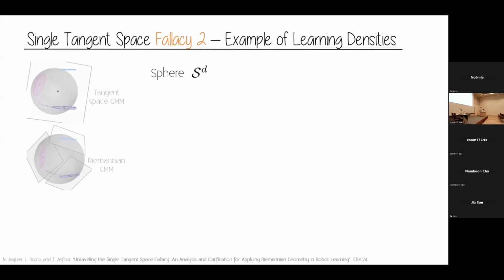The third fallacy, before that, here we want to show the effect that using this single tangent space has in other kinds of settings. So what we wanted to show is, does this single tangent space approach still work for higher dimensions or for other kinds of densities?